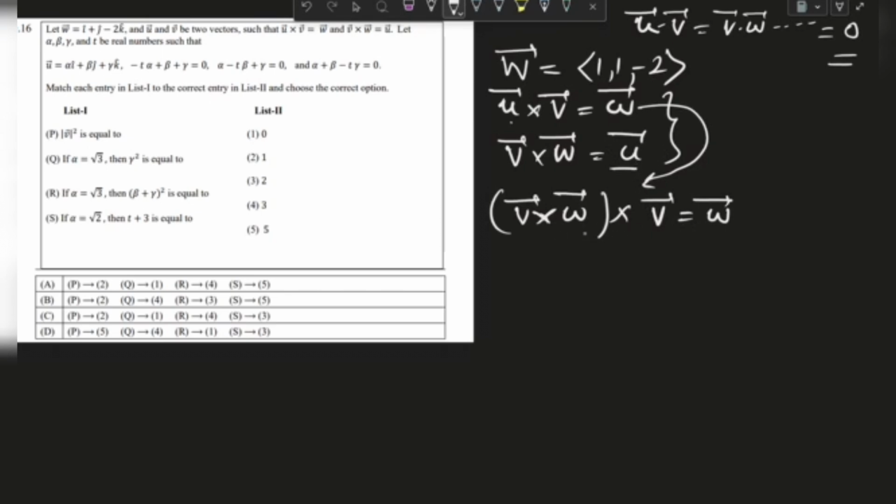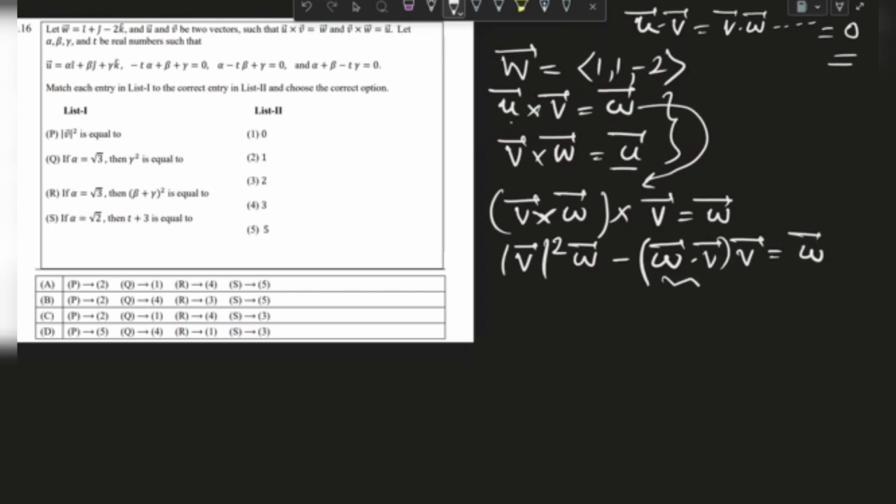This is a vector triple product, as you might know. So this is v dot v, so mod v squared, and outside we will have w vector minus w dot v vector with v vector, which equals w.